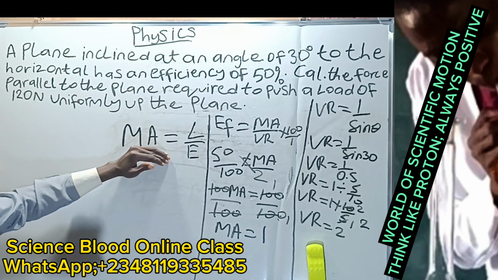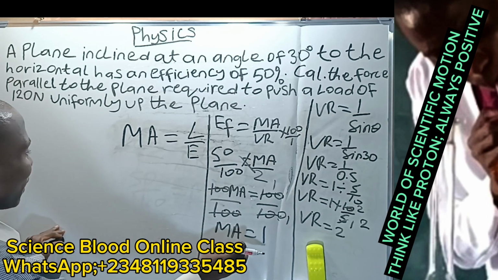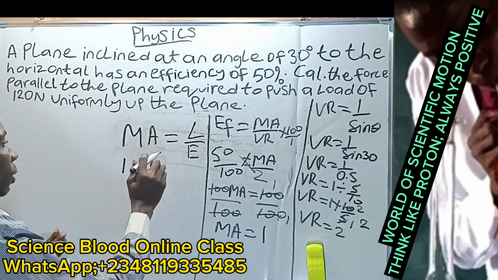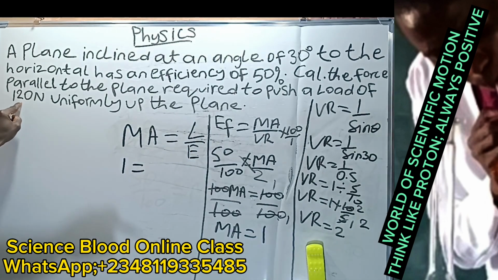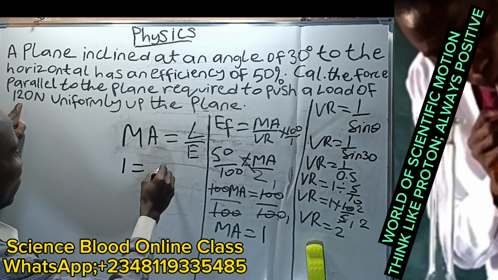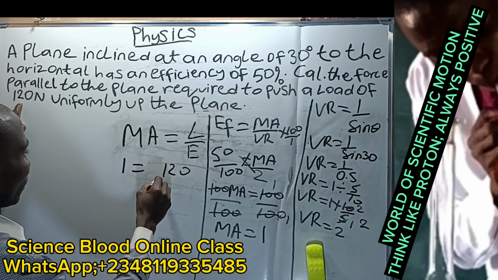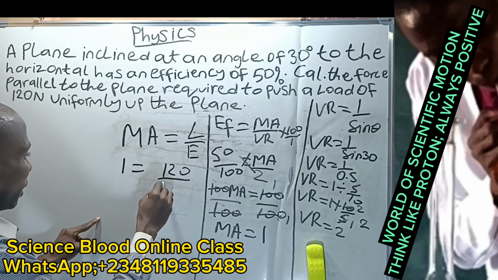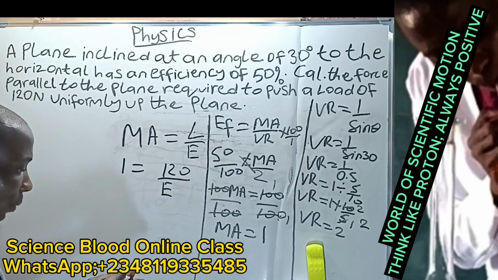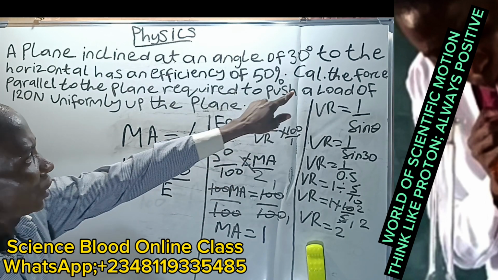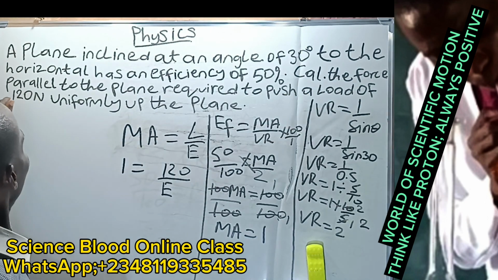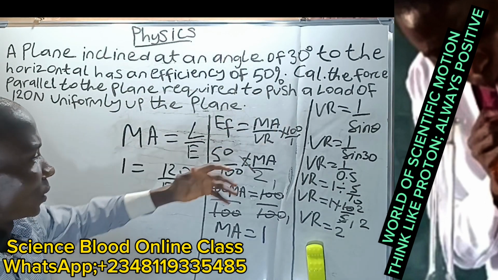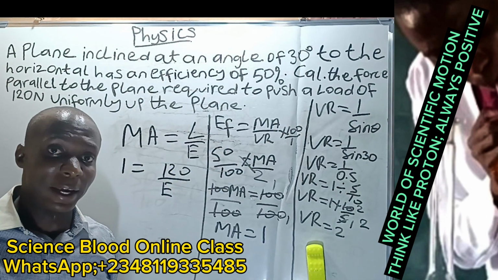Coming back to this place, since mechanical advantage is now 1, then the load is given here, which is 120, all over effort, which is the one we are looking for, because the question says we should calculate the force parallel to the plane required to push, which means the effort is the one we are looking for.